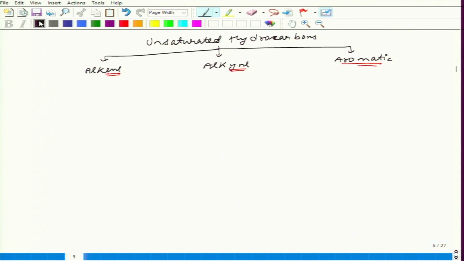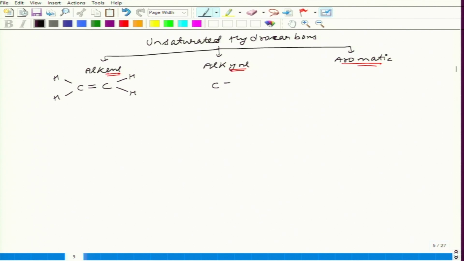Alkene means there is a C double bond C. And as I already discussed in the previous class, carbon is tetravalent and needs to have 4 bonds. So 2 bonds it has already made with the carbon, and the remaining 2 will be satisfied by the hydrogens.